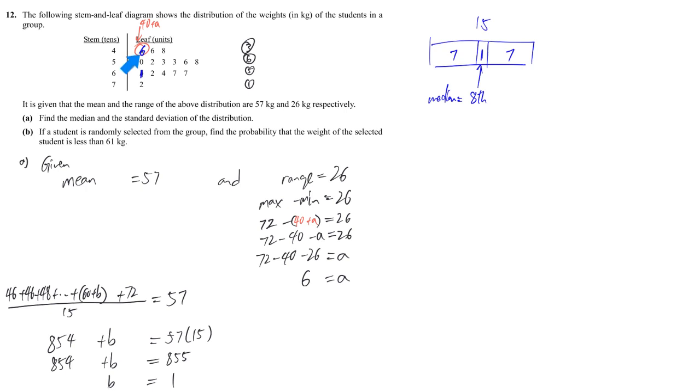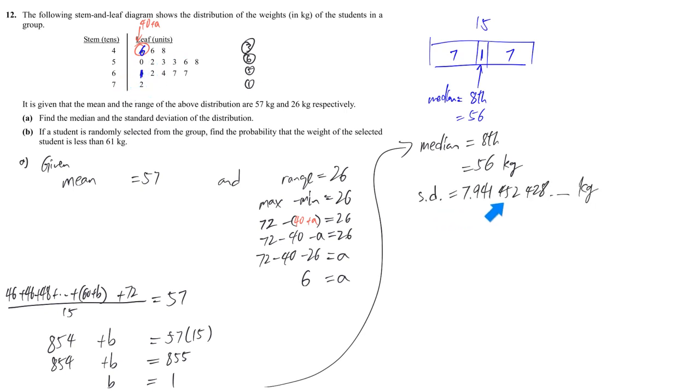Then we just count 1, 2, 3, 4, 5, 6, 7, 8, 56 is the median. And for the standard deviation, once we know all the values, we change the calculator to mode 4 and input all the values one by one. And then we find this value is the standard deviation. Therefore, we finish part A and go to part B.